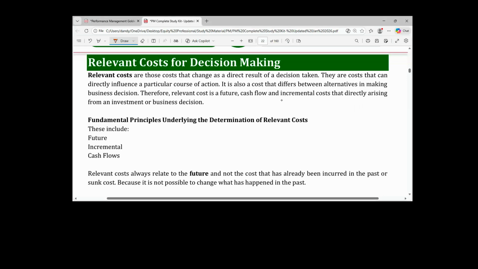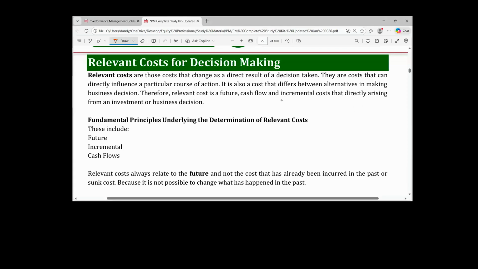When you talk about relevant costs, they are costs that will be incurred purposely as a result of decision taking. Okay, any cost that will change as a result of taking a particular course of action is a relevant cost.